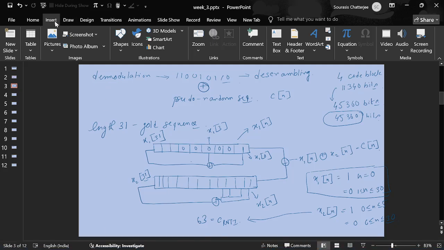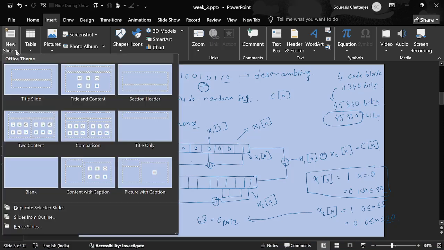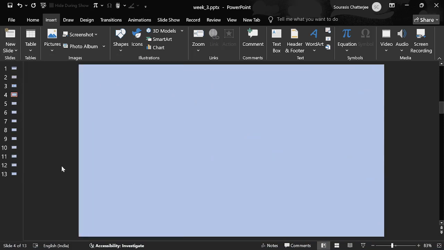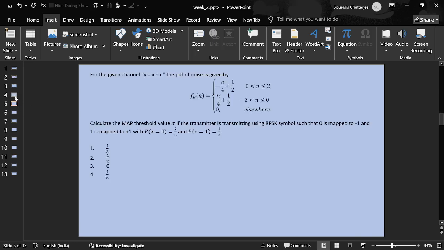So let us talk about the next thing. Okay, before that let us solve a question. We are given this kind of question: for a given channel y is equal to x plus n, the PDF of noise is given as follows.